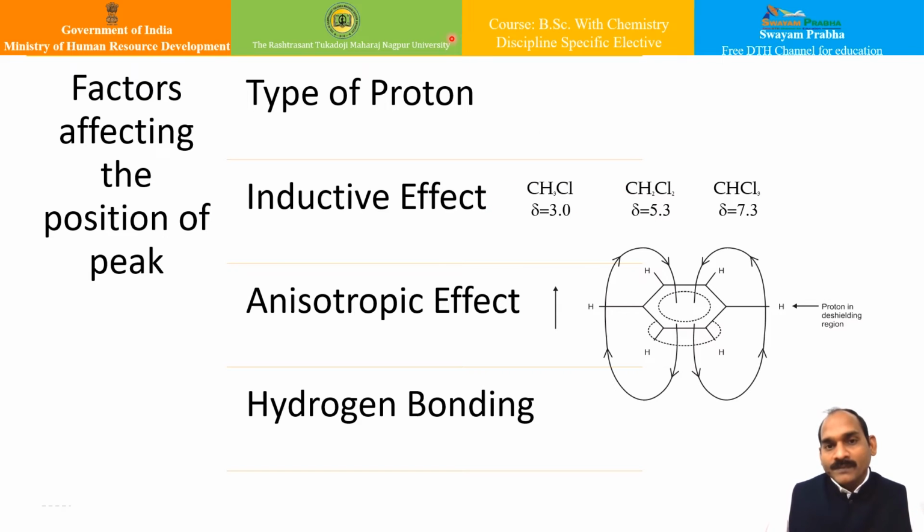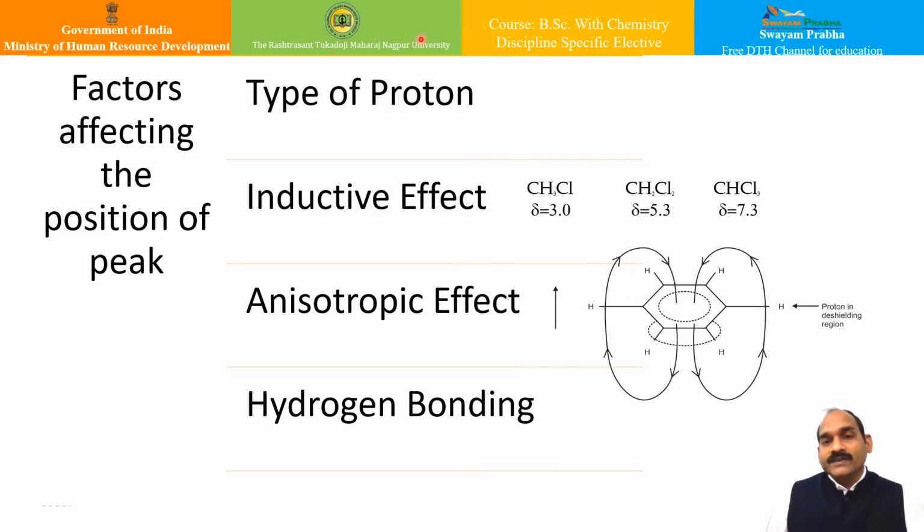In the case of the anisotropic effect, what is the meaning of anisotropic? Anisotropic means non-uniform. The anisotropic effect is observed when the molecule contains bonds where the pi electron cloud generates its own field, which is related to the applied magnetic field, and this local field has different effects at different locations.